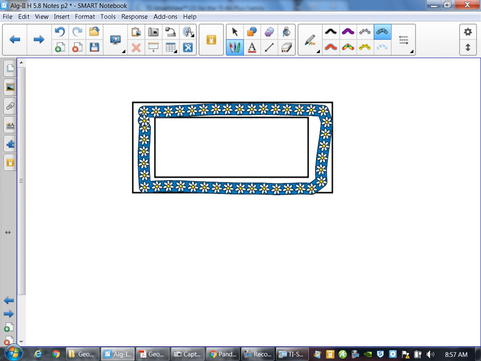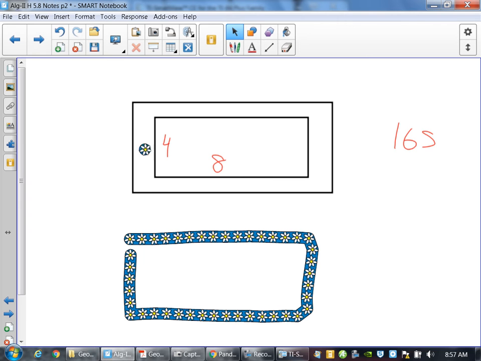So you have to study everything. The interior portion of the flower bed is 8 by 4. The total area of the whole thing is 165. Now, what happens here is that you have uniform width with all these flowers, which I'm going to move. We're cultivating the flowers right now.